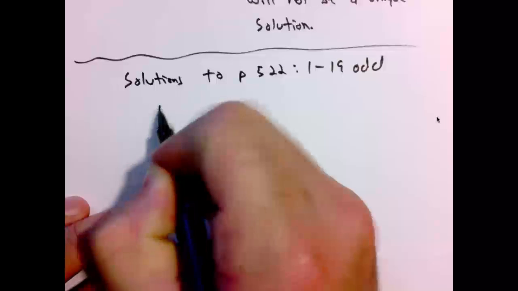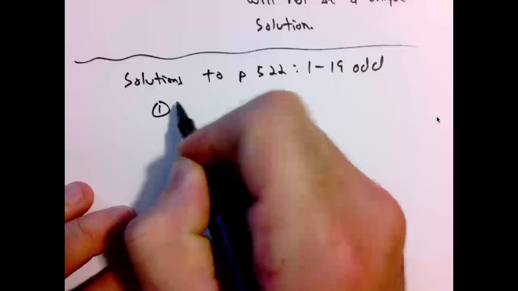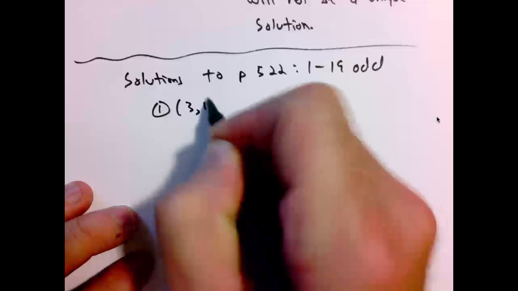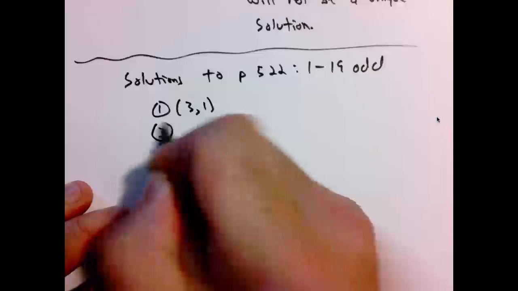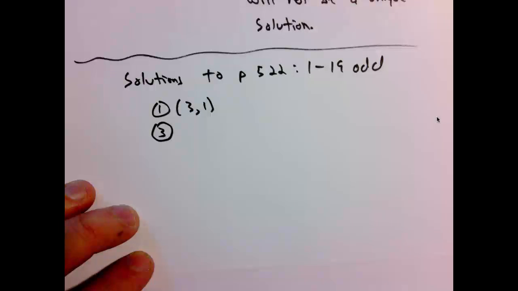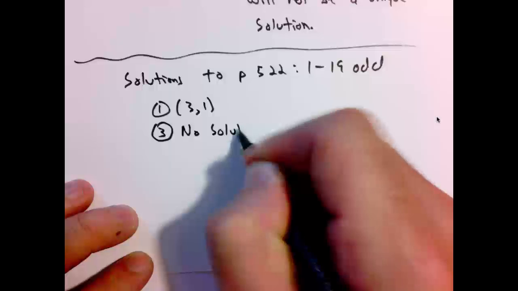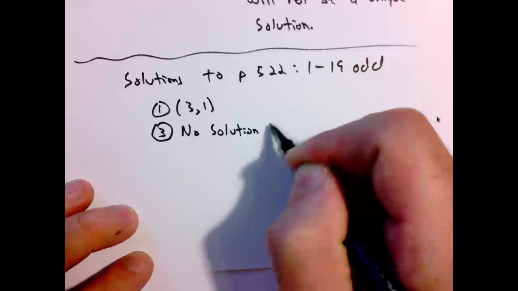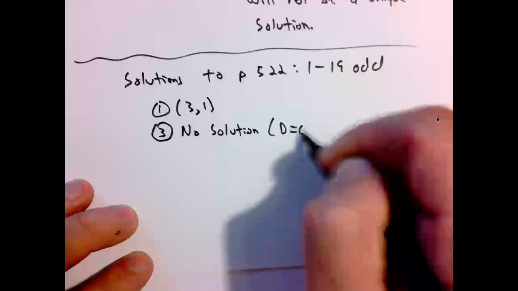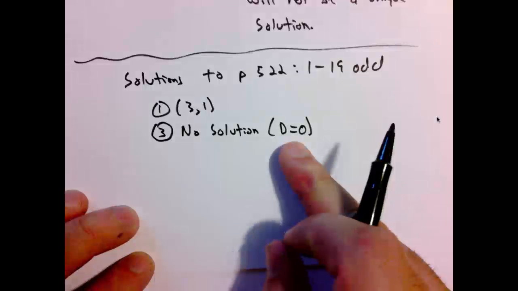Number 1 we already found was 3, 1. Number 3 is no solution. So when you do number 3, you should be on the lookout for D being equal to 0 here. That is, the determinant of the coefficient matrix will be equal to 0.